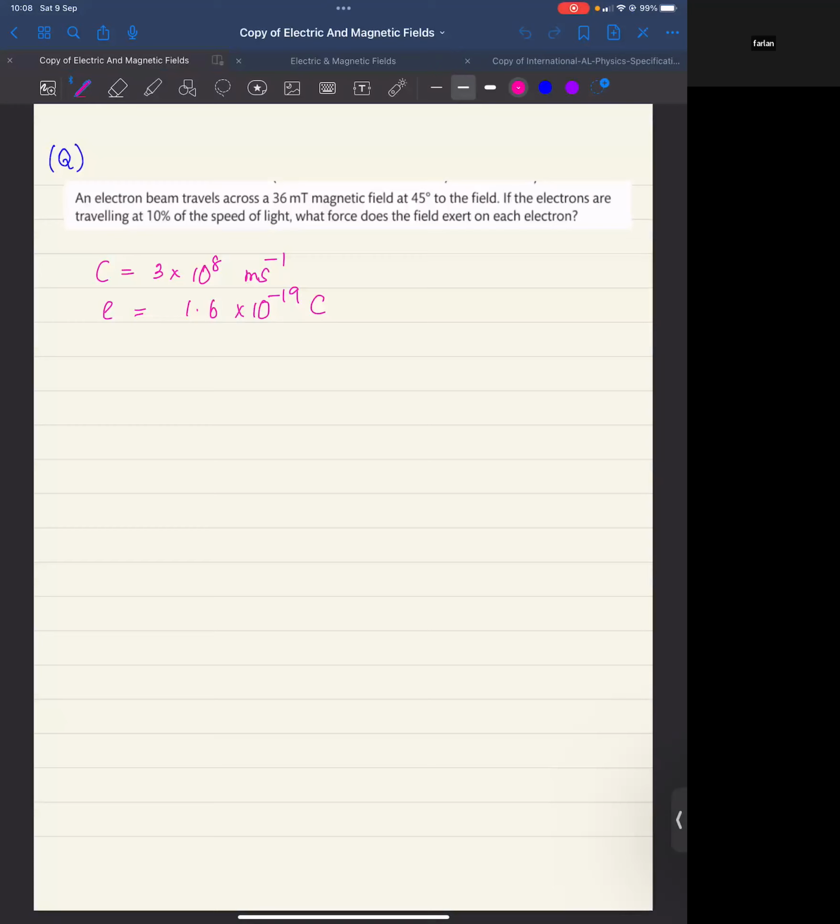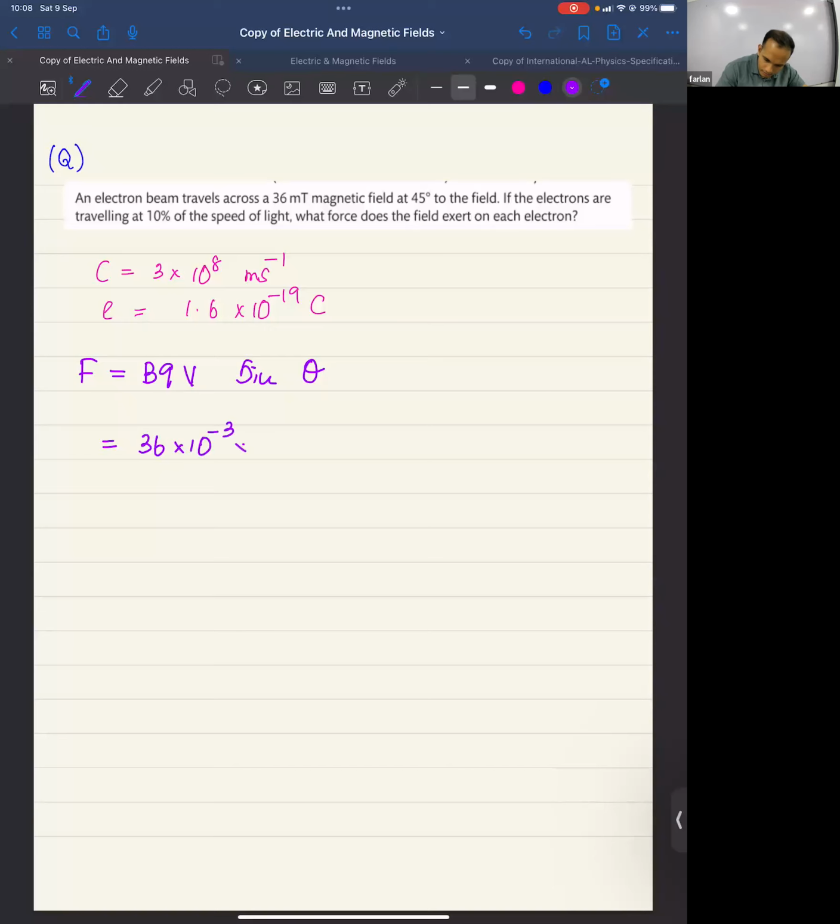So guys, F equals BQV sine theta. The B is 36 millitesla, which is 36 into 10 to the power minus 3 Tesla. Q is the charge of the electron, which is 1.6 into 10 to the power minus 19. V is 10% of the speed of light, 3 into 10 to the power 8, that into 10% is 10 to the power 7.